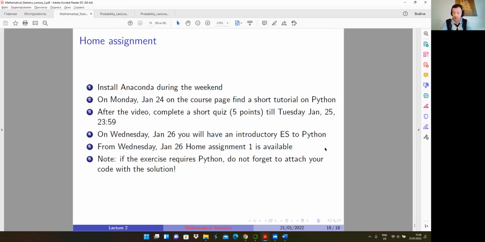Once I ask you to calculate something with the help of Python, you need to attach the code. Please keep in mind that whenever you do not have your code attached to the home assignment, I don't grade those tasks that require Python. You need to prove that you calculated this with Python, not by hand, not with Excel or whatever. You need to prove that you actually coded this.